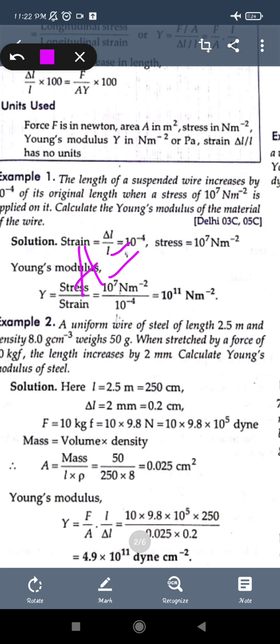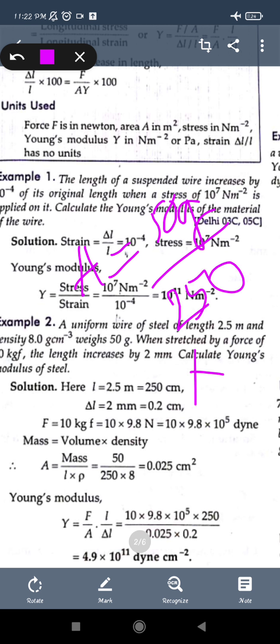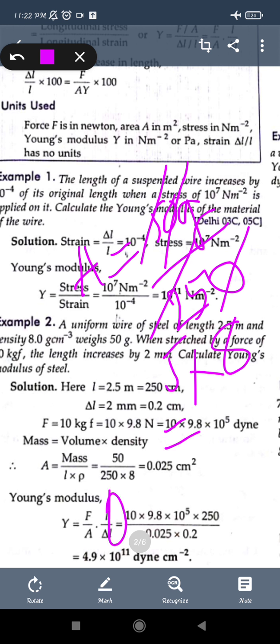The mass was 50 grams, upon length into density. The length was 2.5 meters, so 250 centimeter, and into density which was given as 8 gram per centimeter cube, so this will be 8. So 1 upon 40, which is 0.025 centimeters square.